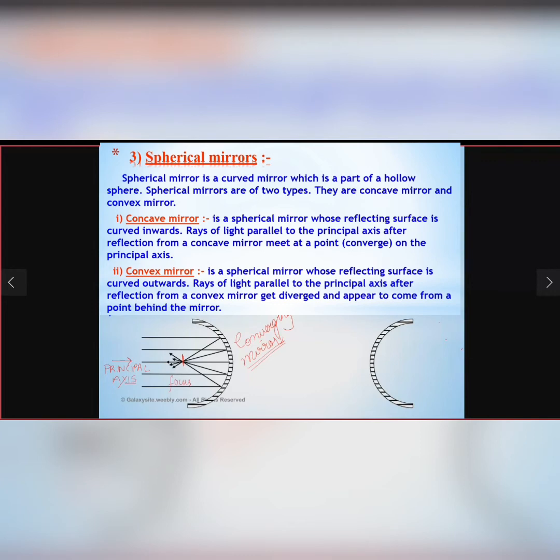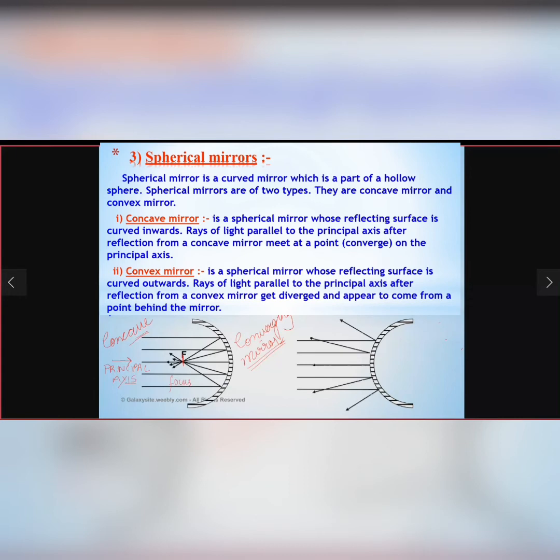Now let's see what happens when a ray of light is incident onto a convex mirror. So this is my concave mirror. And this ray diagram is important. So again, a beam incident onto the convex mirror.